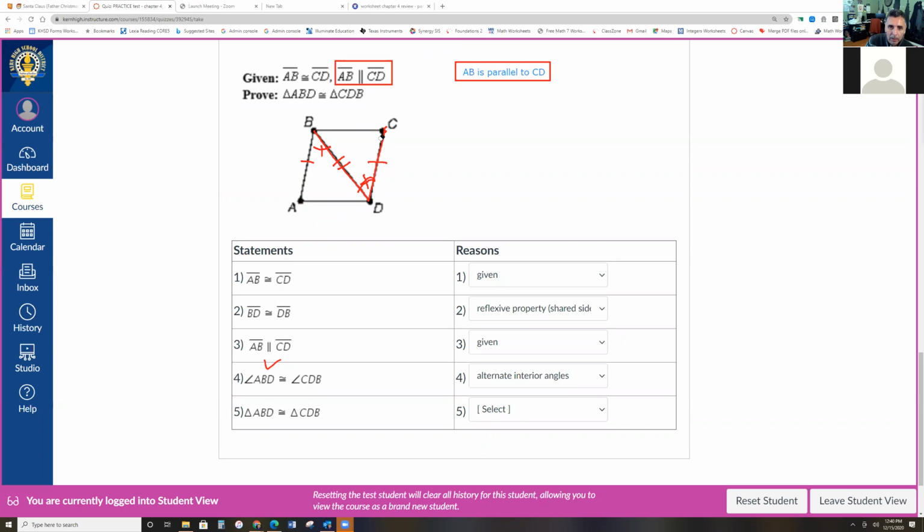So that's what it looks like in the diagram. Once you have it done in the diagram, then you can say, oh, I know these two triangles are congruent by side angle side. That would be the last one.